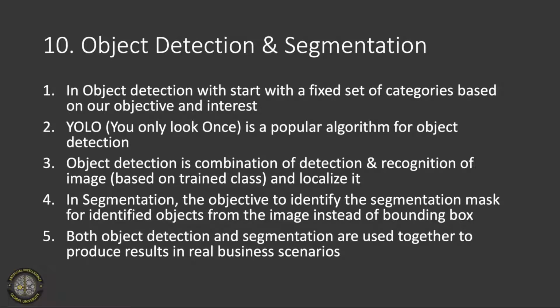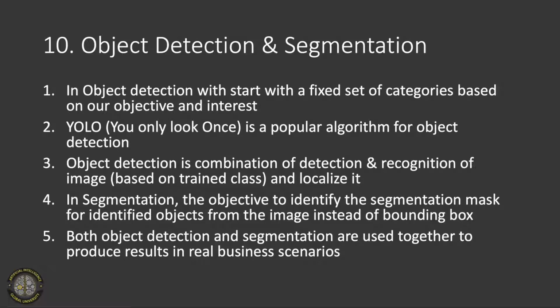So if you are looking at an umbrella or a chair, the segmented mask shows where the chair is, and that area is pointed out from the image. That really helps to identify. Even if there are multiple objects grouped together, the segment will consist of all of them. It's a much better way to identify the objects in an image than just having the bounding box. For that reason, both object detection and segmentation are used together to produce results in business scenarios.